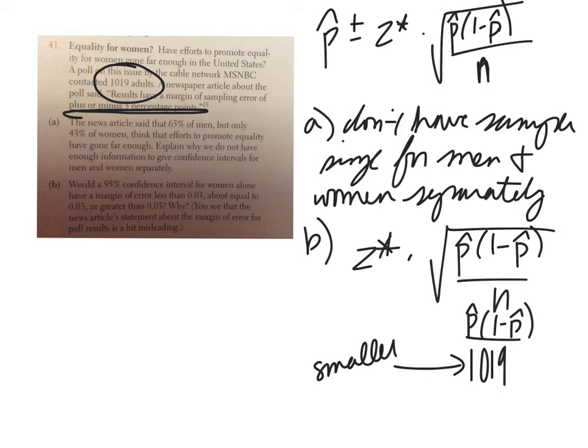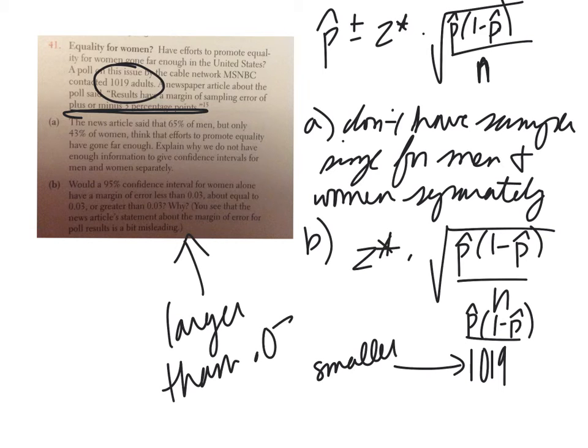So if I'm dividing by a smaller number, that means that the total number underneath the square root is going to be larger. And then that means that the margin of error is going to be larger overall. So for women, it's going to be larger than 3% because it was 3% when you had everybody put together, and the women are going to have a smaller sample size.